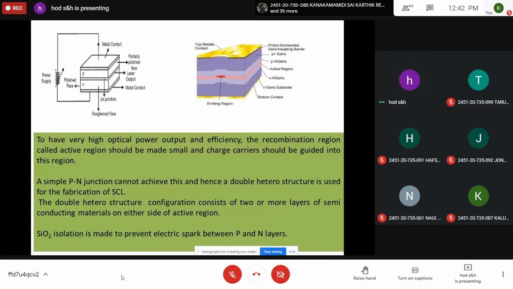So you take the left side diagram. Actually, this is the basic heterostructure of a semiconducting laser. The right side one you can take later, but first you take the circuit diagram here.